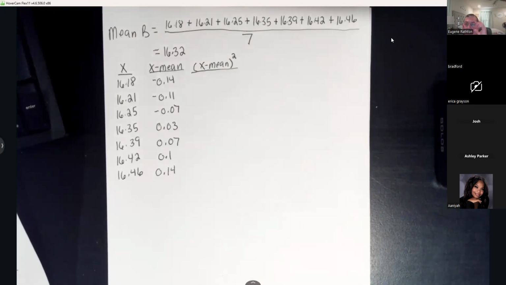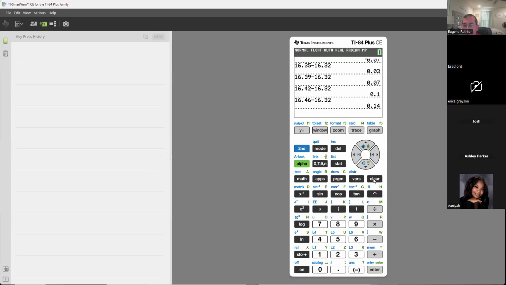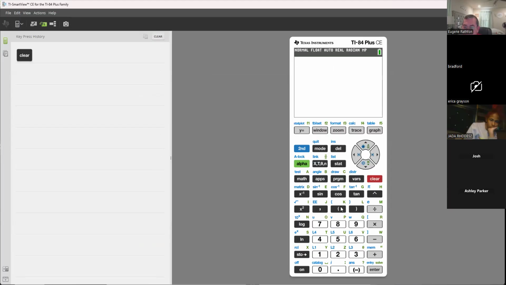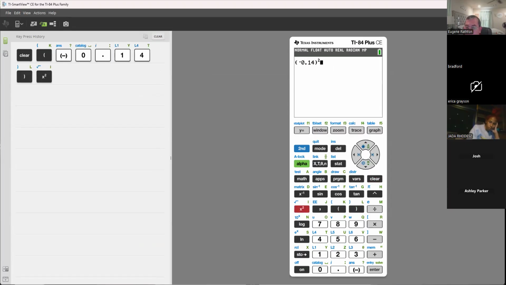All right, so I'll go to the calculator and we will square everything. Now remember, negative numbers go in parentheses. So negative 0.14, close parentheses and square that. That'll give us a 0.0196.